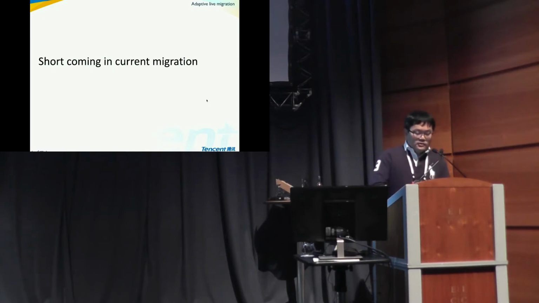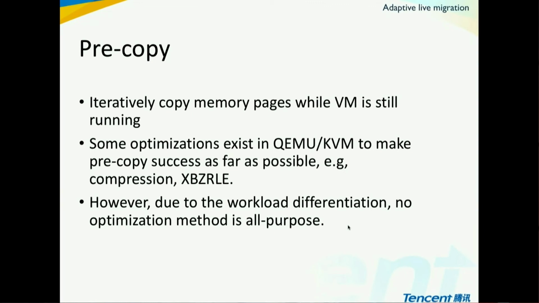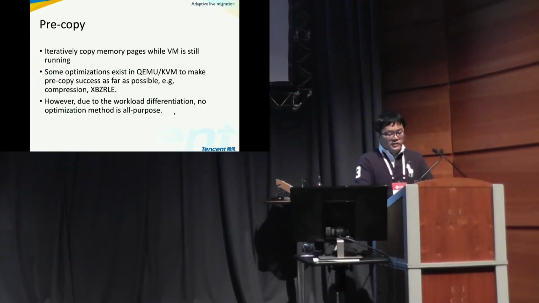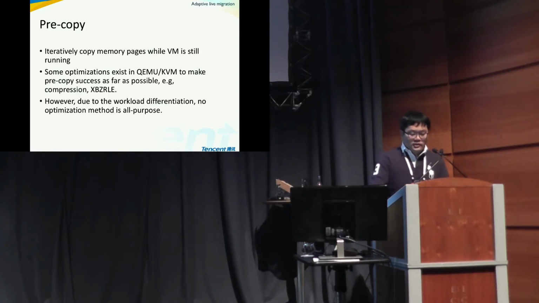Then let's talk about the shortcomings in current live migration. As we know, in PreCopy memory migration, the hypervisor typically copies all the memory pages from source to destination while the VM is still running on the source.